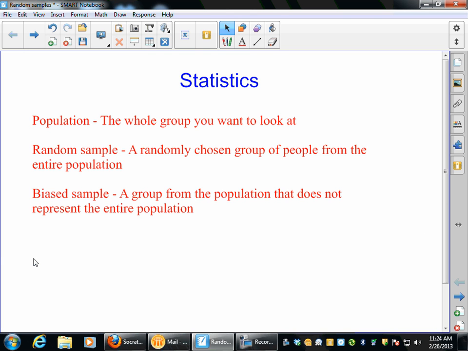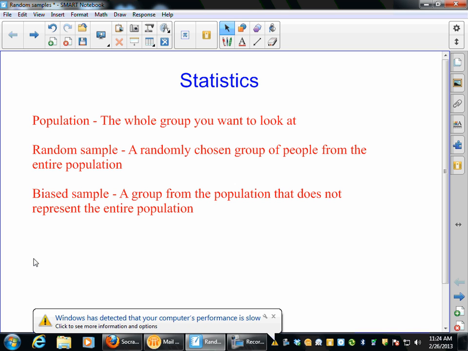What that means is, if I wanted information about all of the students in the school, but I only asked seventh graders, that's biased because seventh graders do not represent seventh, eighth, ninth, 10th, 11th, and 12th graders. It only represents seventh graders. If I'm only choosing a specific portion of my entire population, then it's going to be biased. So we want to avoid biased samples. We want to get what we call representative random samples.